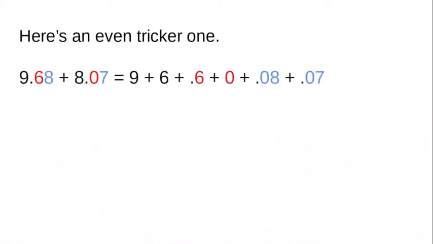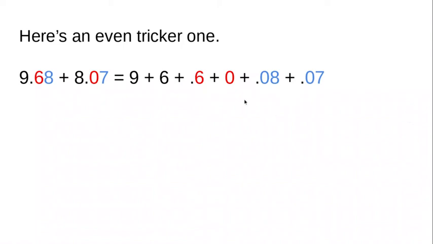Okay, moving on. Here's a little trickier one. So I'll give you a second to take a look at this. So in this case, the second number, 8 7/100, has no digit in the tenths.